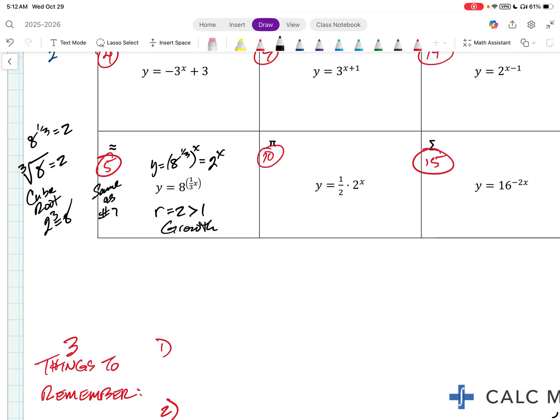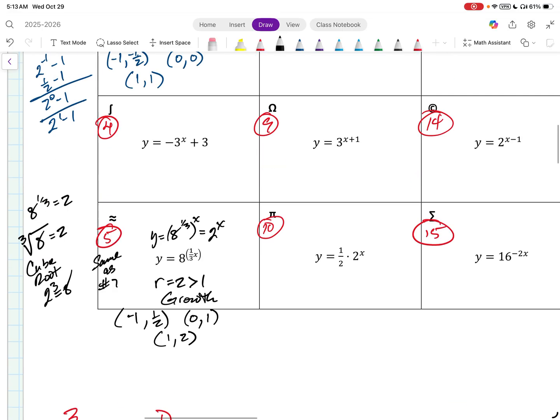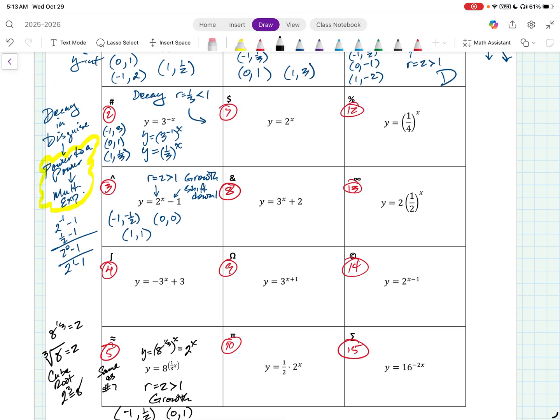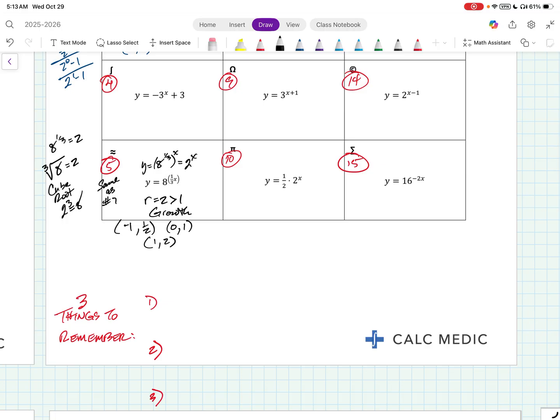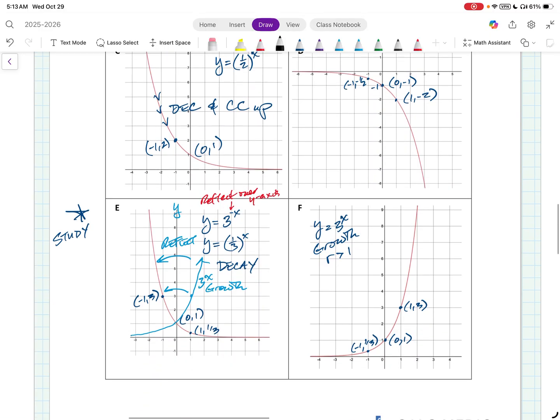We need some points though. So substitute -1 in there, you get 1/2. Substitute 0, you get 1, and substitute 1, you get 2. So let's find 2 to the x power growth function.